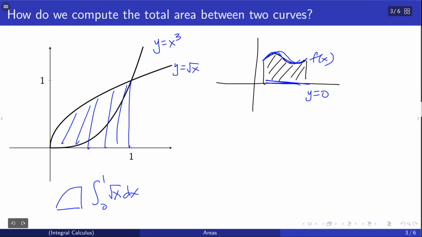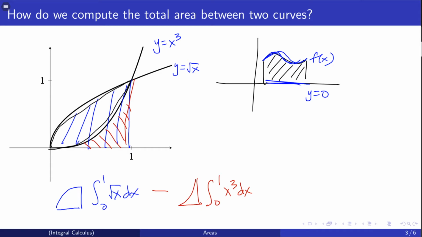And in order to get that area that we want to compute in between the two curves, well, why don't we just subtract this area, which is the integral from 0 to 1 of x cubed dx. Right? And that makes sense. Right? And when we subtract, we get exactly this area that we need in between the two curves.